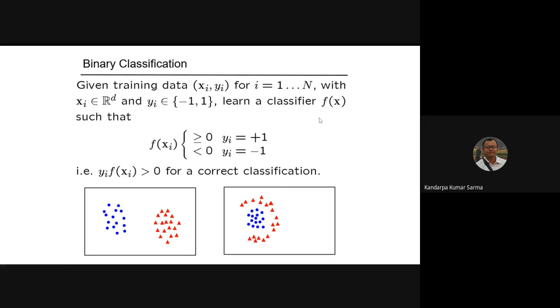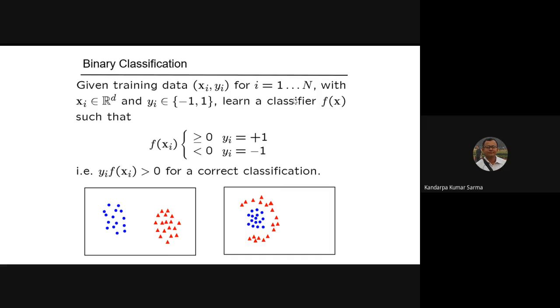Now, a very simple classification problem is the binary classifier, where we can have a set of training data with a target for i going from 1 to n, with the small xi belonging to R^d, that is a d-dimensional sample space, and yi belonging to -1 and 1, which shall be doing the classification.